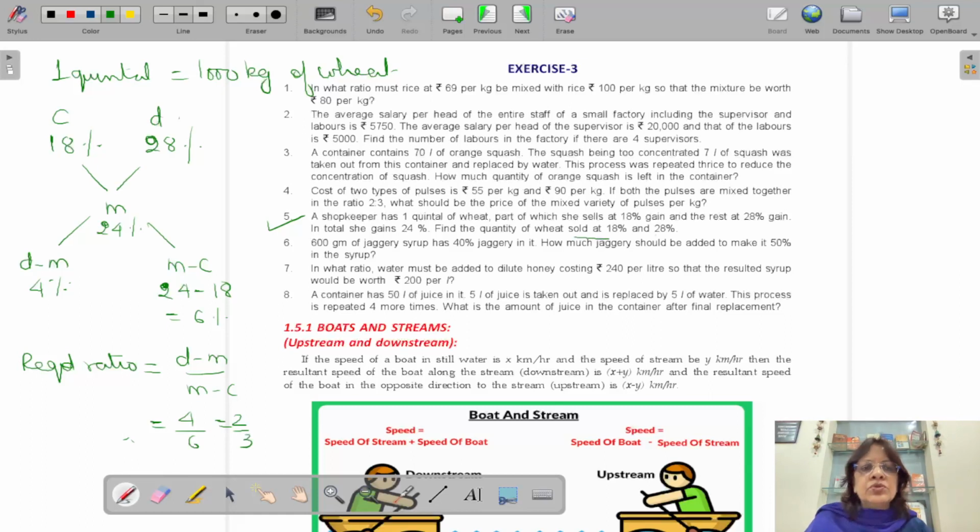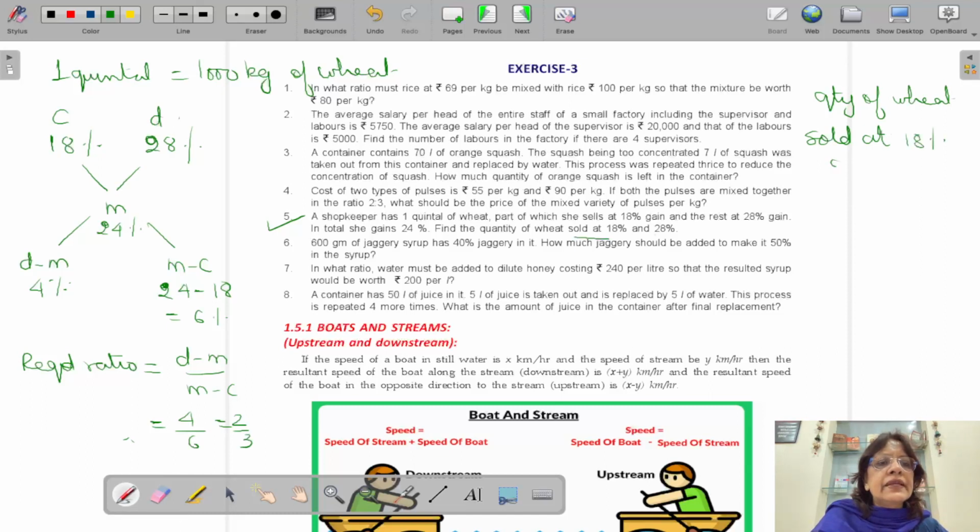For 18, the ratio is 2. First answer will be, since the ratio is coming like this, quantity of wheat sold at 18% gain is 2 upon 5 into 1000.